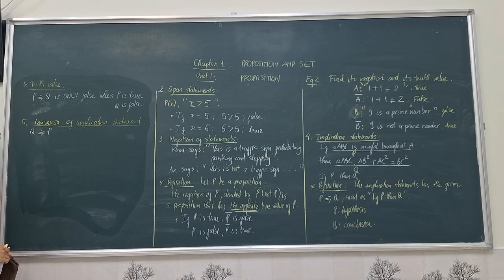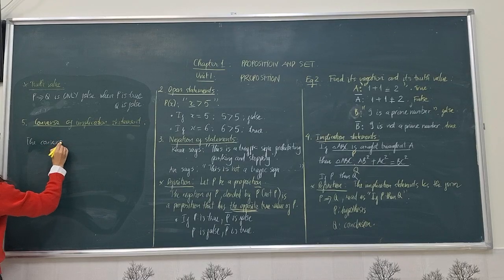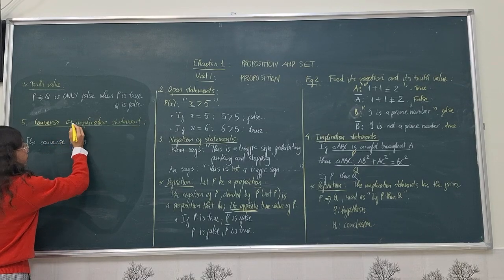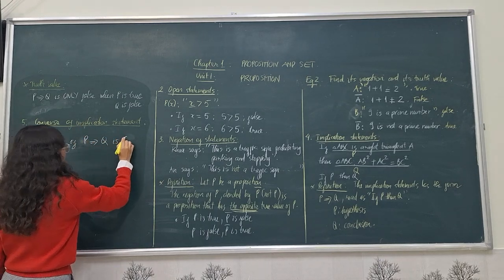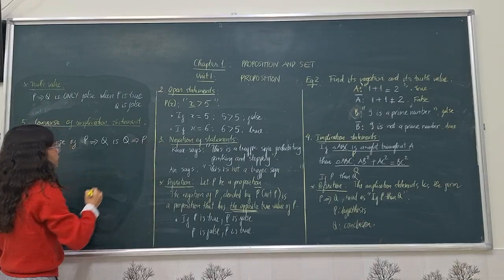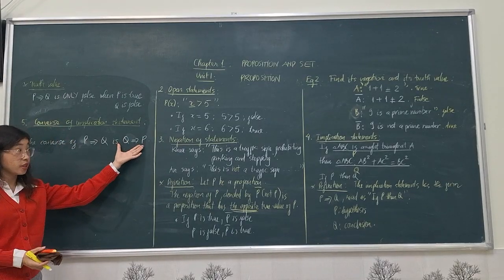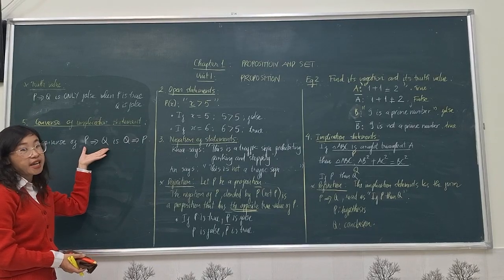The converse of the implication statement P implies Q is Q implies P. So we can write the converse of P implies Q is Q implies P. So we can see the converse of an implication is an implication statement.